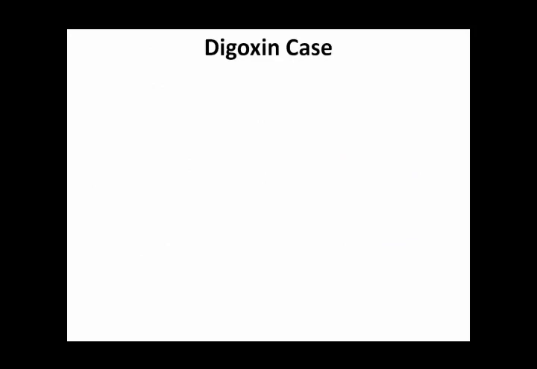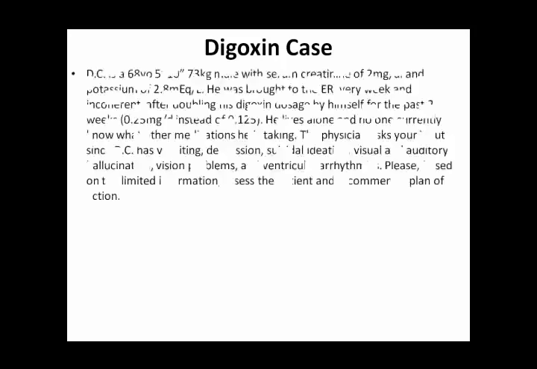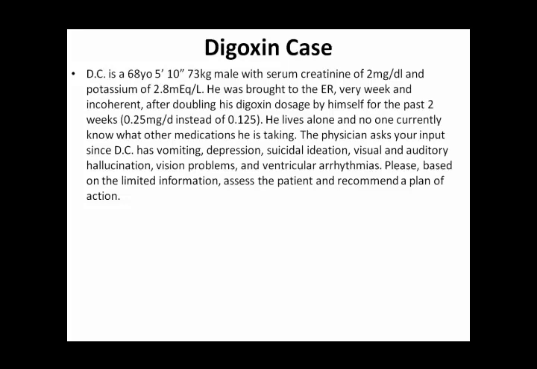Now here is a quick case on digoxin therapy. And again, I don't want you to know a lot of calculation, but I just want you to practice it. I'm not going to ask you to calculate anything related to digoxin in the exam. We have an elderly patient here with high serum creatinine and low potassium.